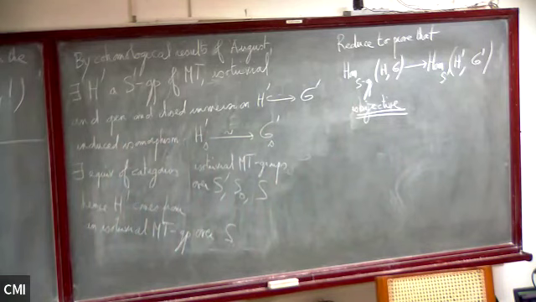So it comes from a group over S, and we have a morphism at the level of closed fibers, and by the cohomological result we can lift this to infinitesimal neighborhoods of the closed fiber.